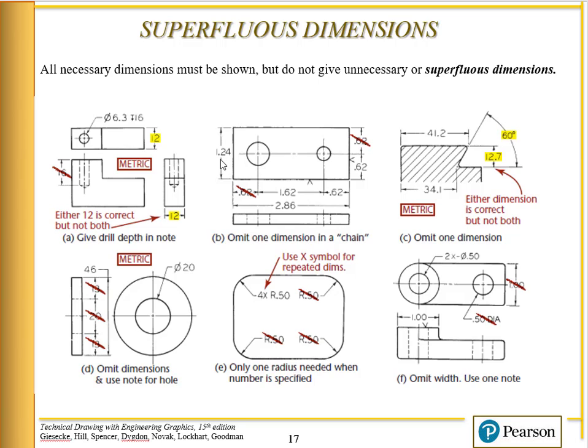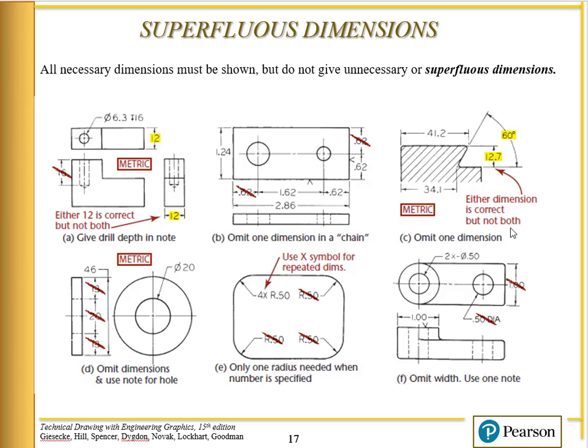You got 1.24, and then you got 0.62 over here on this side. So 1.24 minus 0.62 is 0.62, so we don't need this dimension here. This dimension and this dimension are sufficient. If you put this dimension in it, you've actually overconstrained the part, and that's what we call double dimensioning.